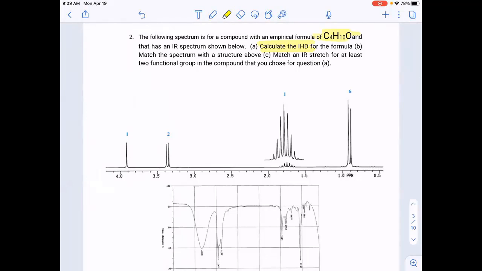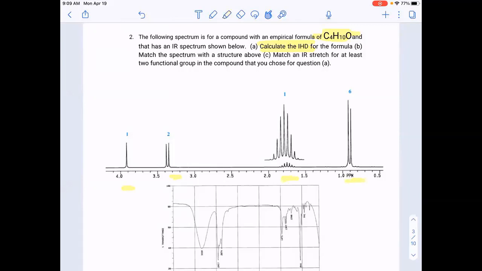And how many signals are we seeing here? Not lines now, signals. How many signals are showing up on that spectrum? 4 signals, right? We got a signal here, here, here, and here.